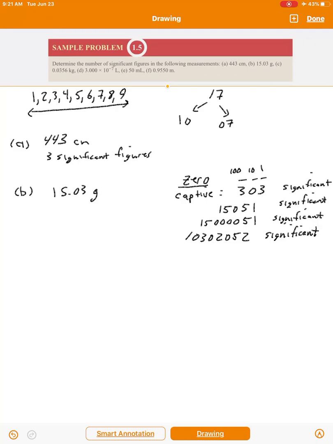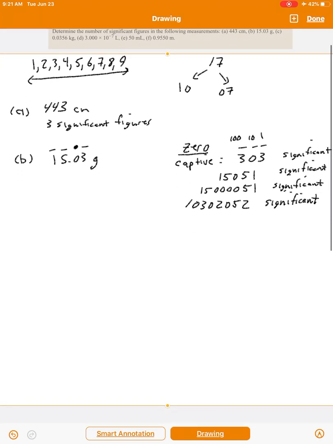So for this one, there's a 1. Well, that's between 1 and 9. There's a 5. That's between 1 and 9. There's a 3. That's between 1 and 9. And then you have a 0. That 0 right there is a captive 0, right? It's between a 5 and a 3. So that means it counts as significant. So this one has 4 significant figures.